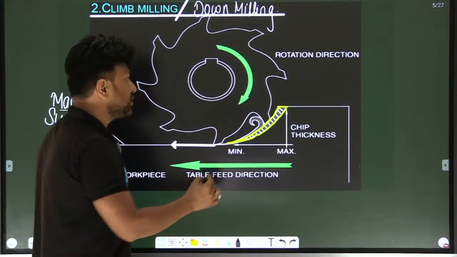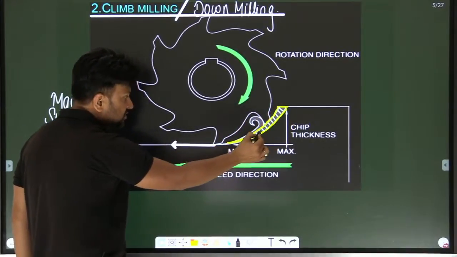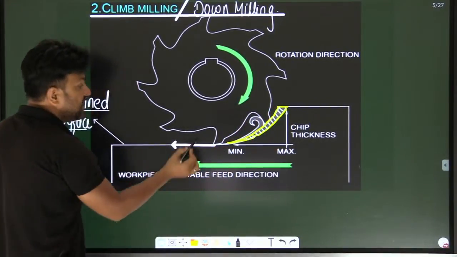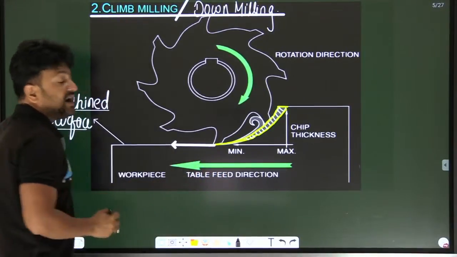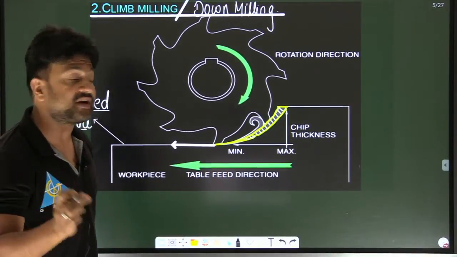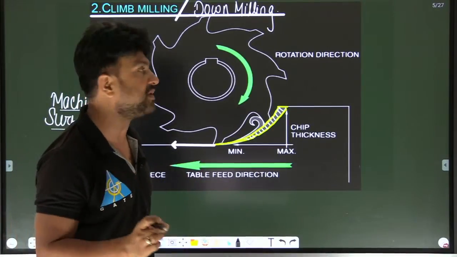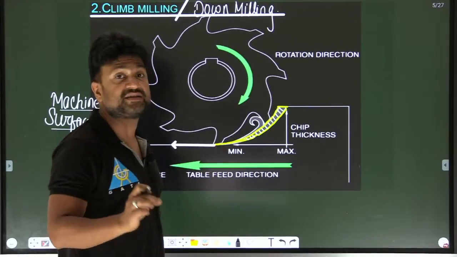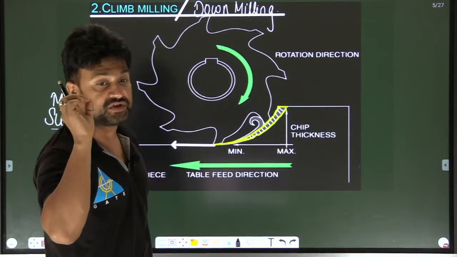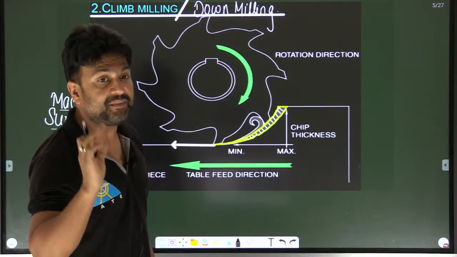When you go in the downward direction, that uncut chip thickness decreases, and at the end, the uncut thickness of the removed chip is minimum. Am I clear?